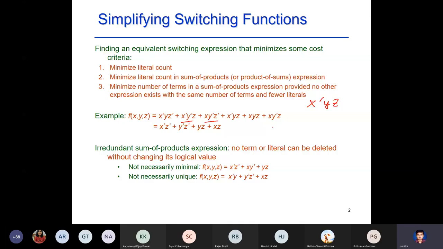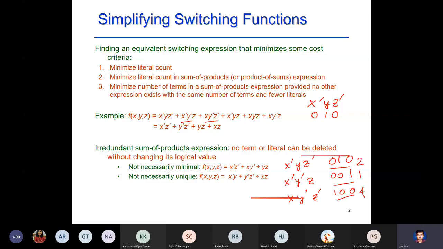So 0, 1, 0 is a row, 0, 0, 1 is a row, 1, 0, 0 is a row, and so on. Now the function will be 1 for some of the rows and 0 for the rest.